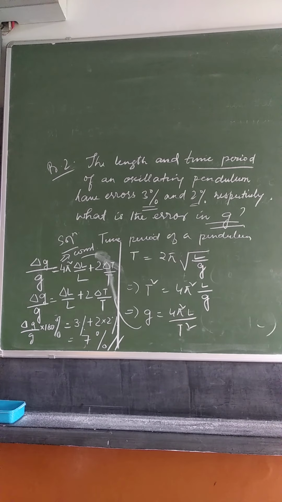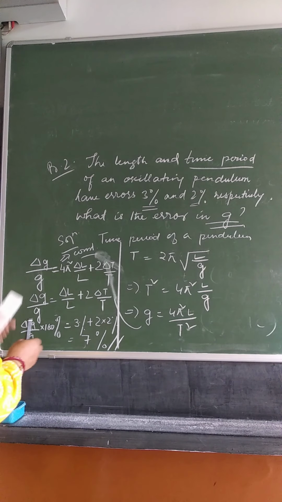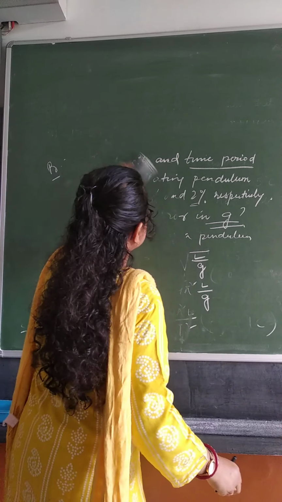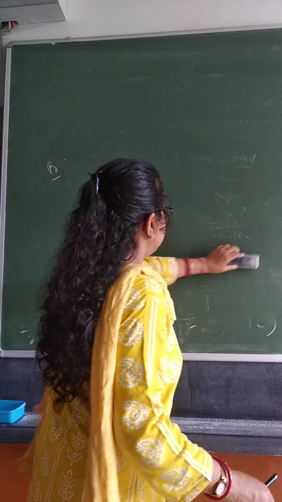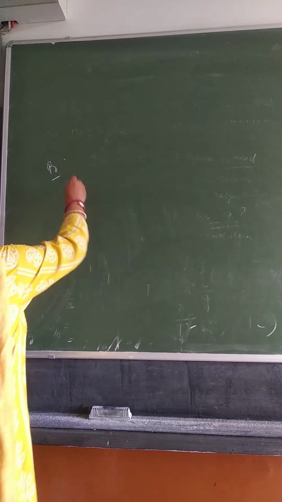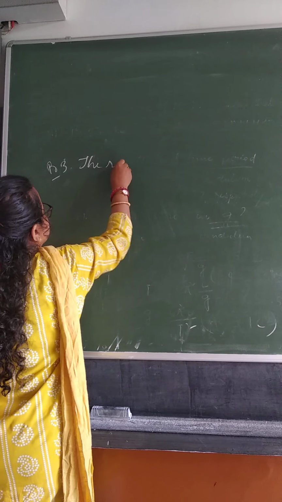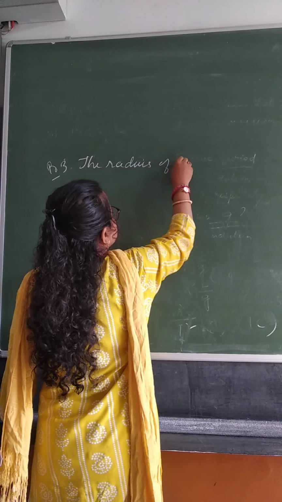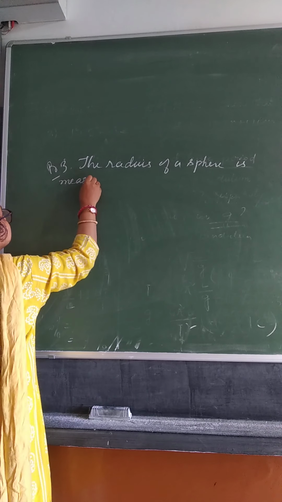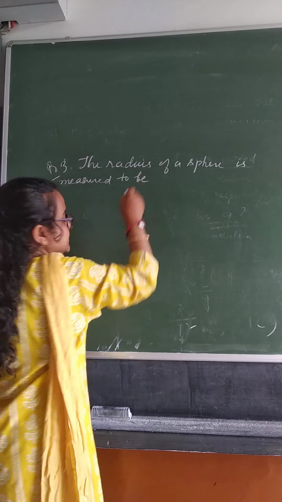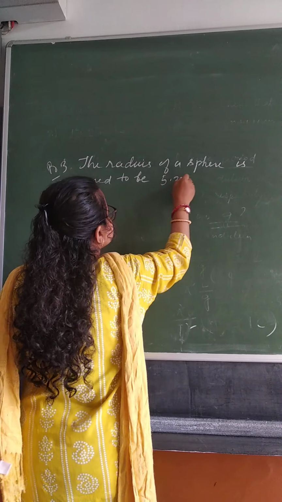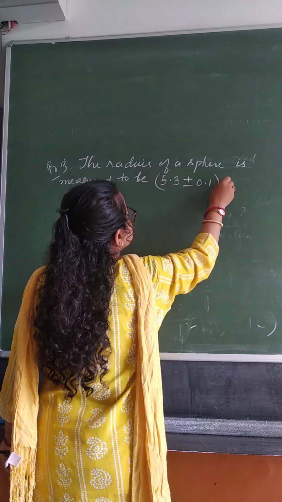Problem number 3: The radius of a sphere is measured to be 5.3 plus minus 0.1 centimeter.